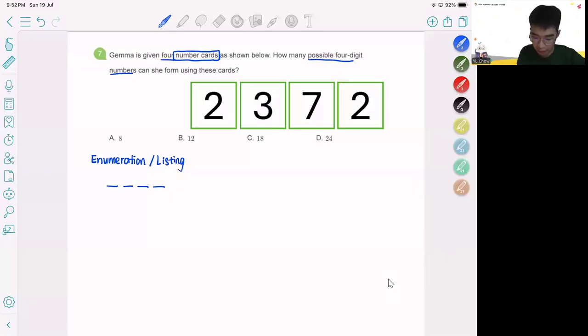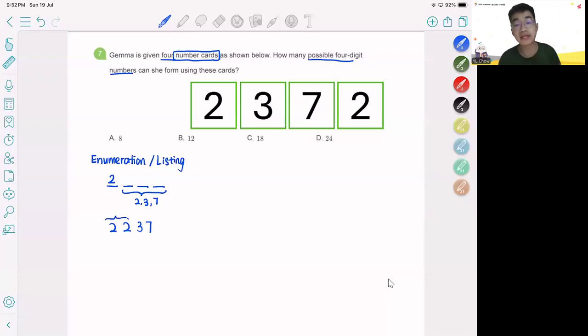For example, what if I choose 2 as my thousands digit? After I select 2, the remaining digits that I can use are 2, 3, and 7. Then I can just write down the numbers in order: 2, 2, 3, 7. We try to keep the highest place values constant while swapping the digits at the lower place values.